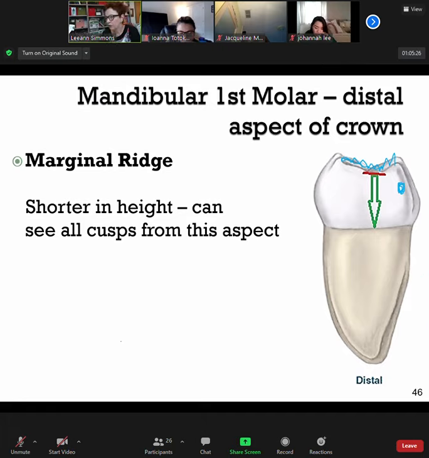And here they also show you that the distal root is more narrow than the mesial root as well. And you can see here this distal root and you see the mesial root outlining it here.